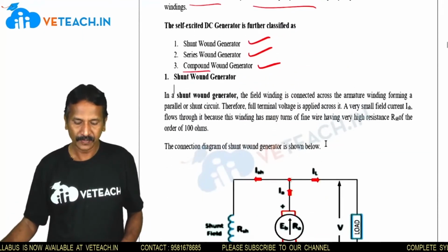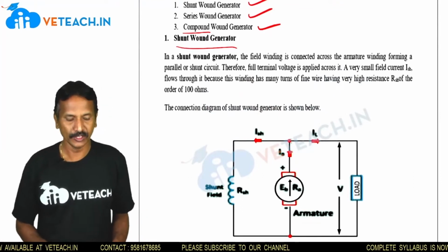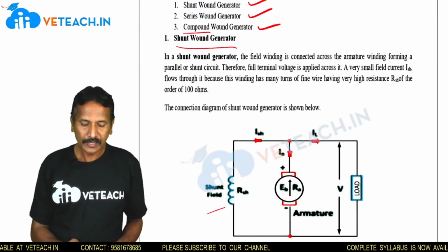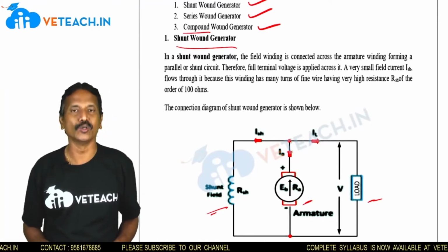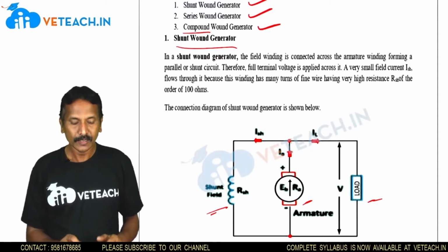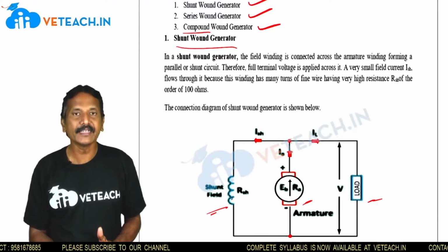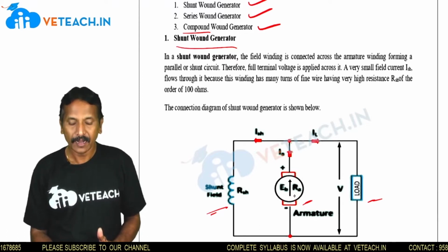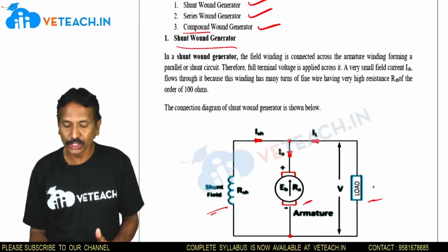Students, now this is a shunt wound generator. This is the field winding, this is the armature and this is the load. Shunt is nothing but parallel, as I said, so the armature is in parallel with the shunt field winding across the load.